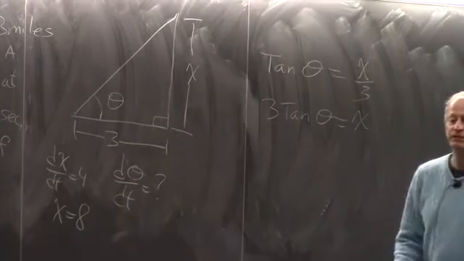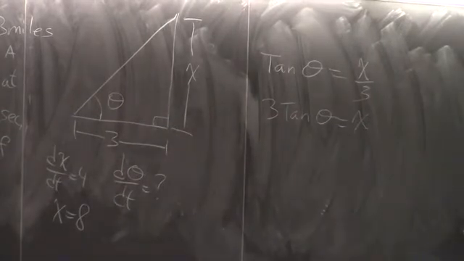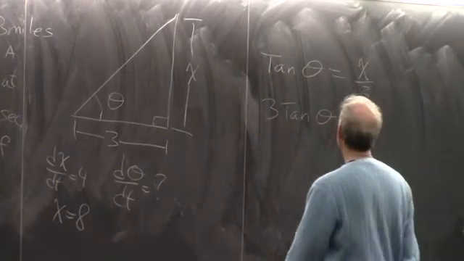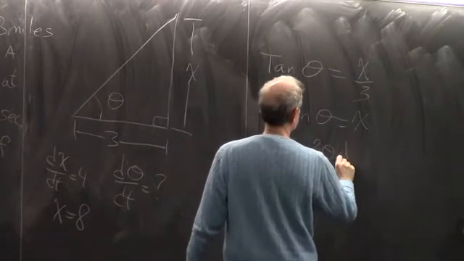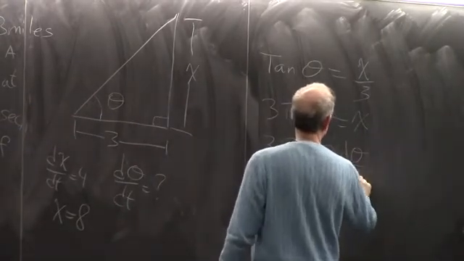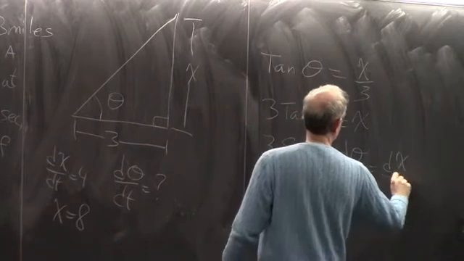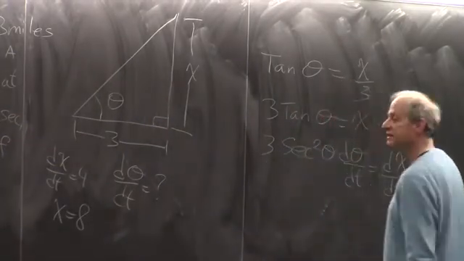You don't have to do that step if you don't want to, but you can. Alrighty. There. Take the derivative. 3 secant squared theta d theta/dt equals dx/dt.